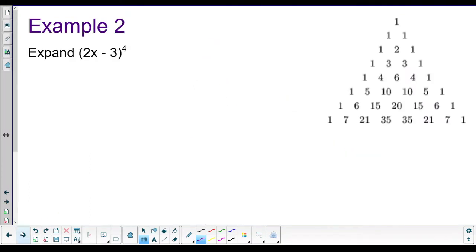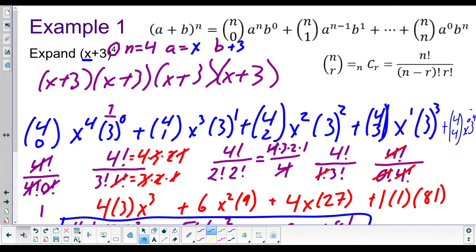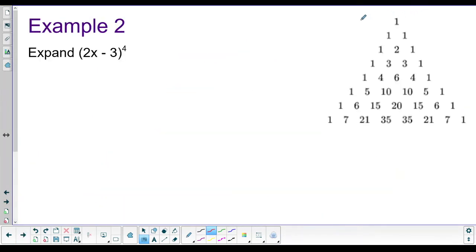Okay, so we want to expand this thing. The first thing we need to do is figure out which row of Pascal's triangle we are going to use. Well, we already know because I chose the same exponent, but here are your rows. This is n equals 0, n equals 1, n equals 2, n equals 3, n equals 4.